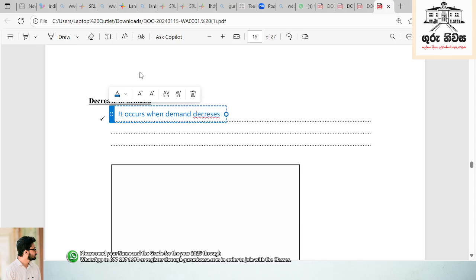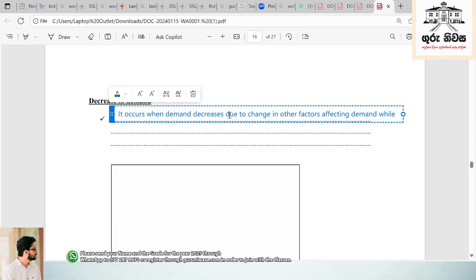Demand decreases due to change in other factors affecting demand, while the price of the concerned good remains unchanged.